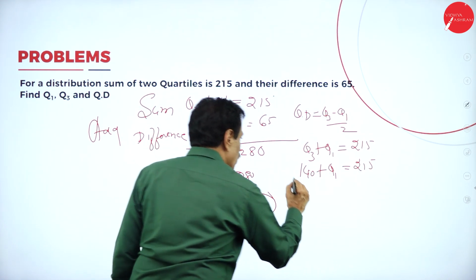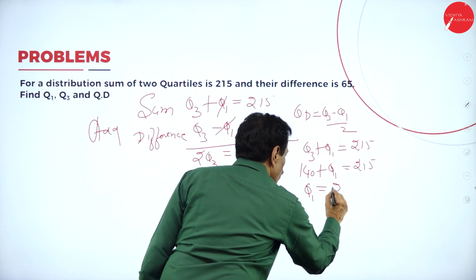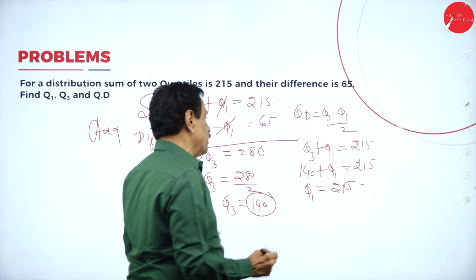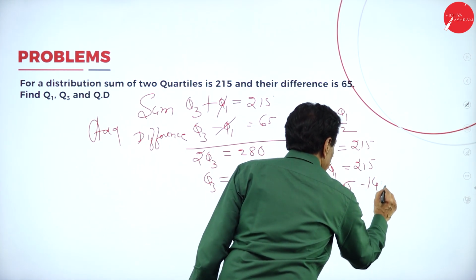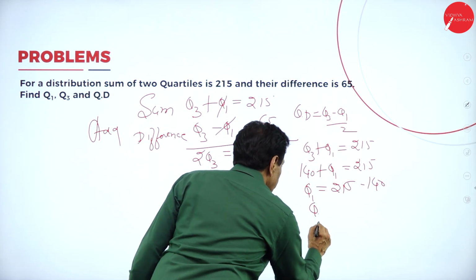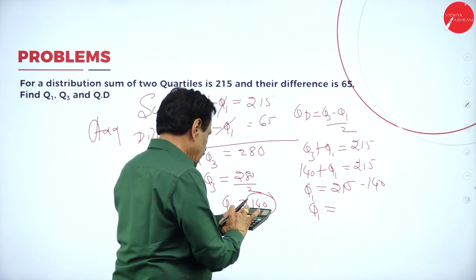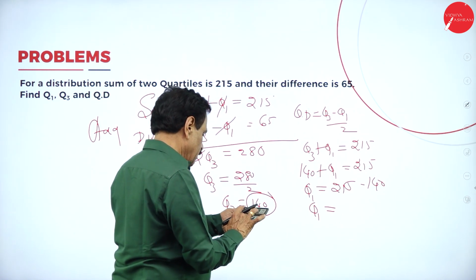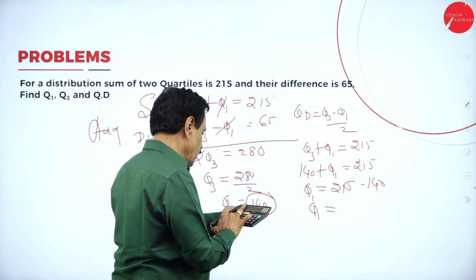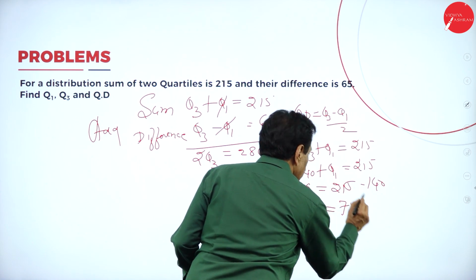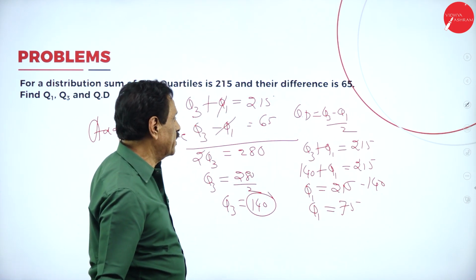So Q1 is equal to 215 minus 140, which is 75. So Q1 is equal to 75.